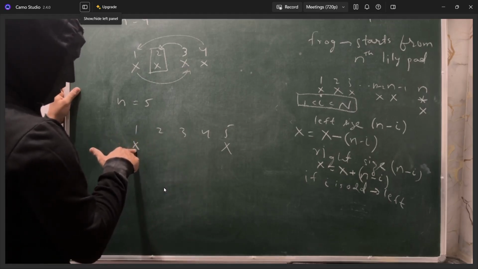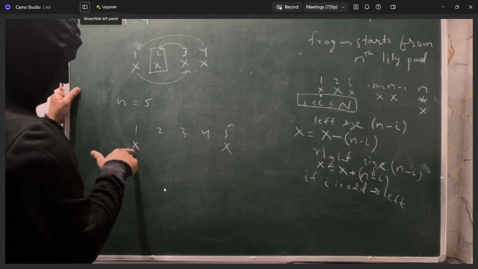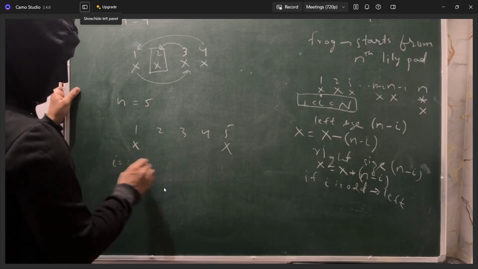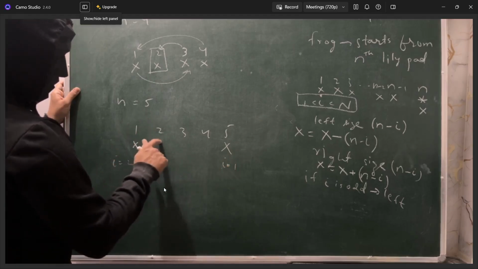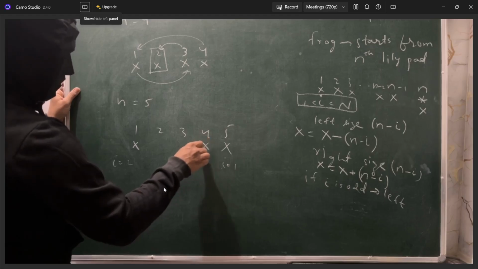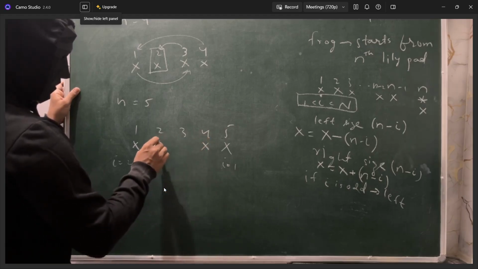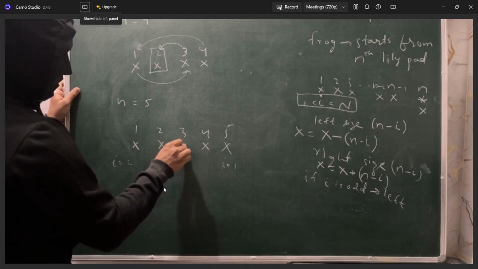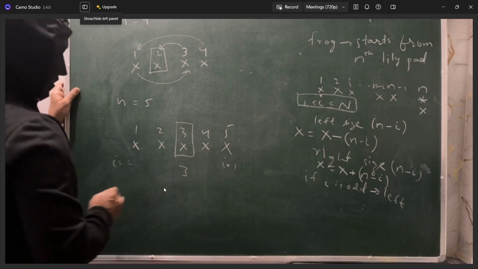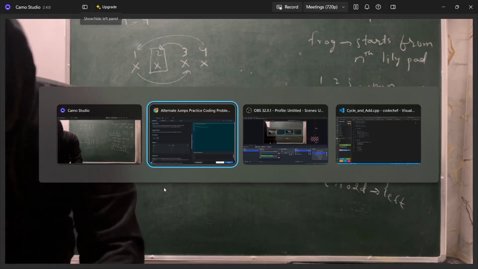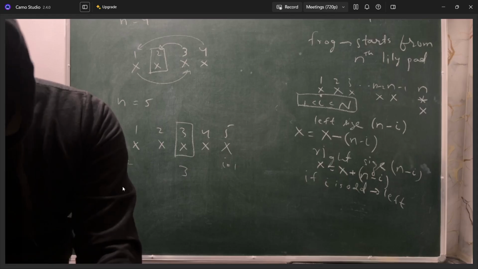Now he's at this position, he'll be moving second, when here I is equal to 2, basically here it was I is equal to 1. So n minus 2, which is 3 steps, he'll move 1 2 3, so he'll move here. In the next step he'll move here, in the next step he'll move here. As you can see, this is the final position of the frog. So when n is 5, your answer is 3.